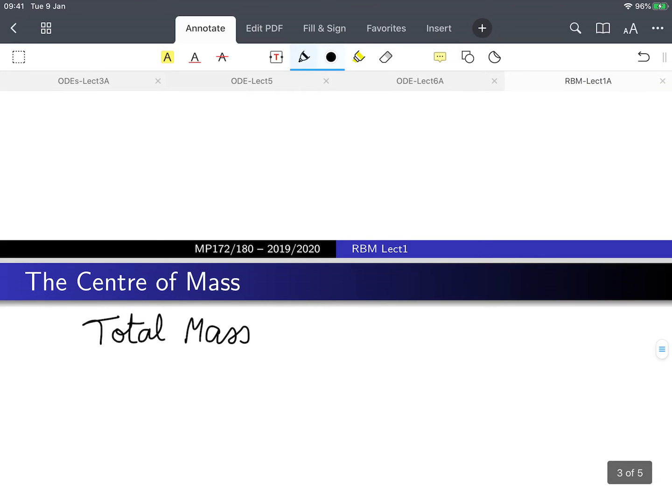We're going to introduce the total mass M. Makes sense to talk about the mass of the system.